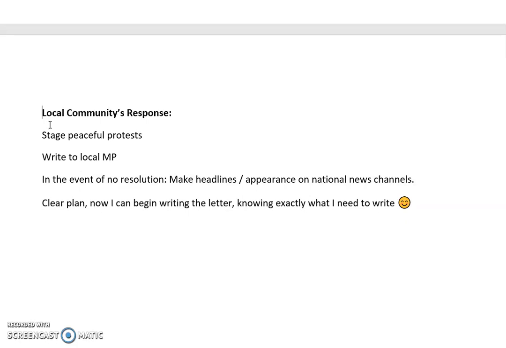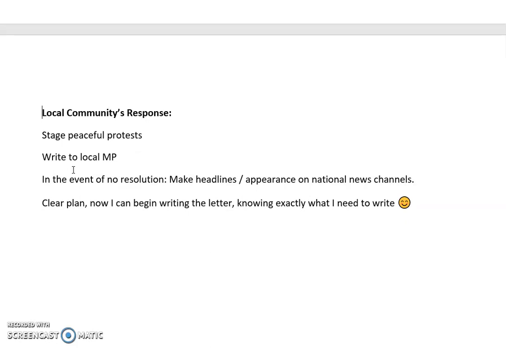So in my plan, I've written down that the local community's response is going to be, we're going to stage peaceful protests. Stage here is the verb. That means we're going to conduct or carry out peaceful protests. We're not going to be violent. We're not going to be uncivil. We're going to be very peaceful, but we want the local community to know we are not happy about this.